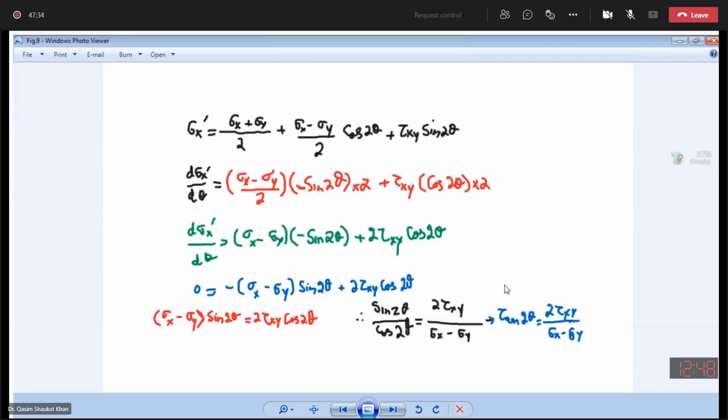This is now over equation number 4. Tan 2 theta is equal to 2 tau xy over sigma x minus sigma y.